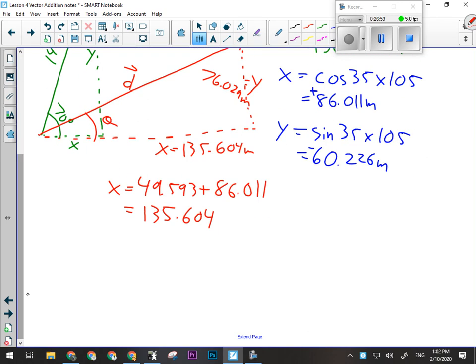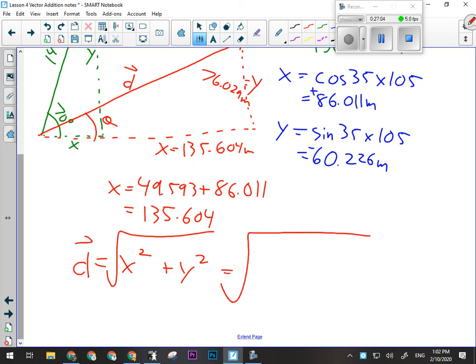So to find d, we're going to go x squared plus y squared, square rooted. That means 135.604 squared plus 76.029 squared.